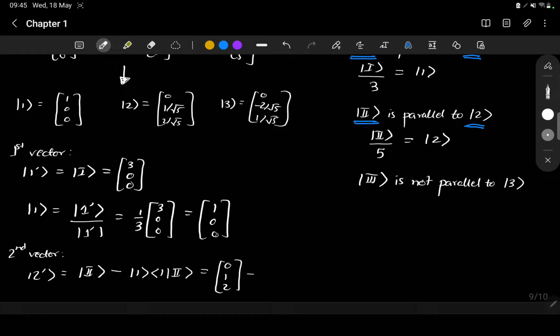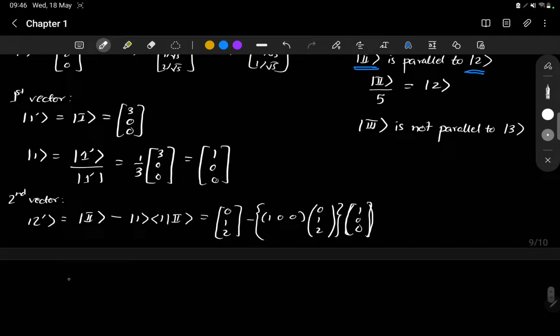We will subtract from this the projection along the first. So let us solve this.